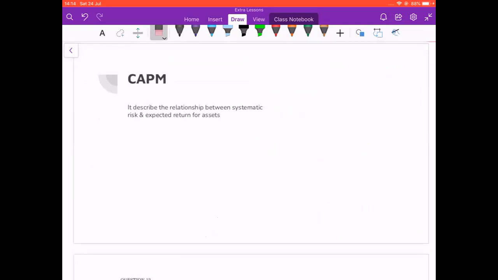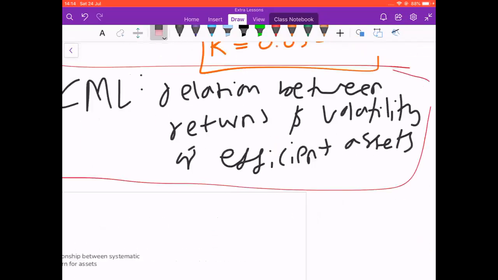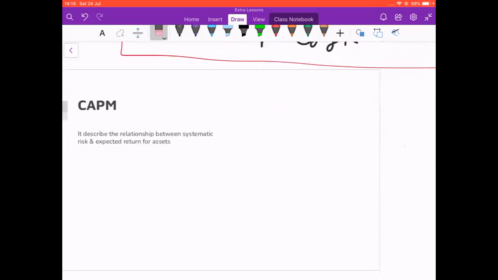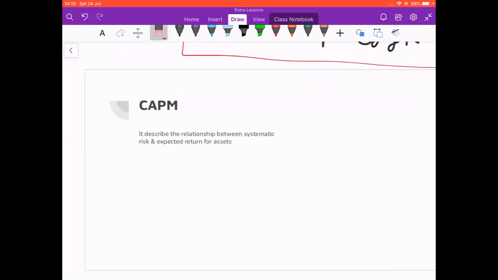Last time, on the capital market line, you learned about the relationship between returns and volatility of an efficient frontier. But now you are going to learn about the relationship of returns and systematic risk. This is described by this formula.